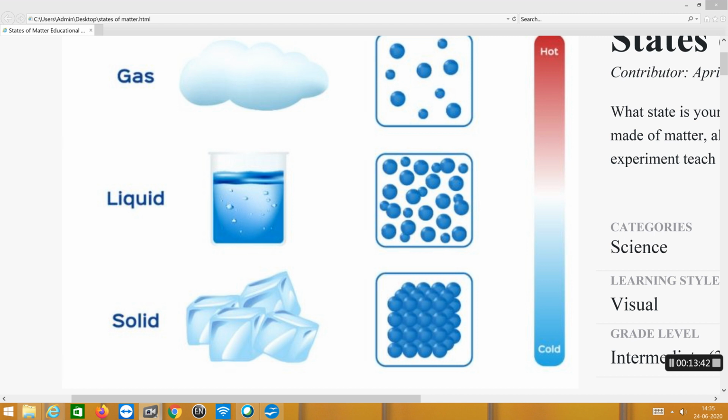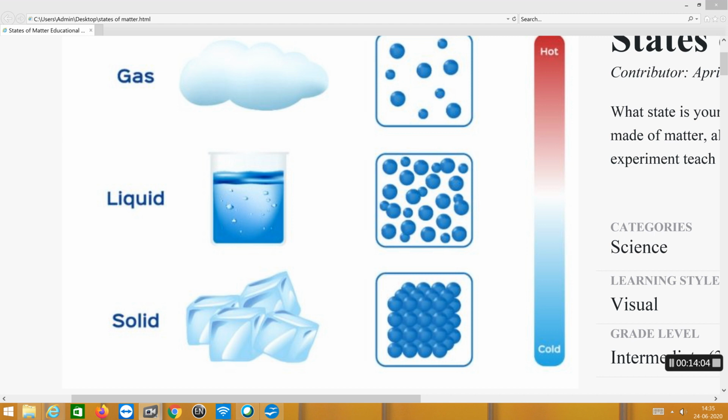So boiling means conversion of liquid to gas at a particular temperature. And melting means the conversion of solid to liquid at a particular temperature. The temperature is called the melting point. The temperature at which boiling takes place is called the boiling point.